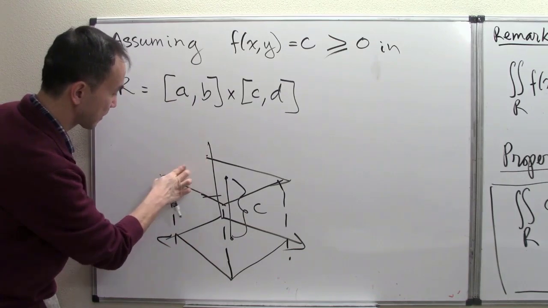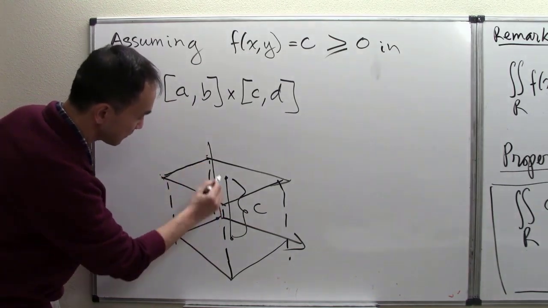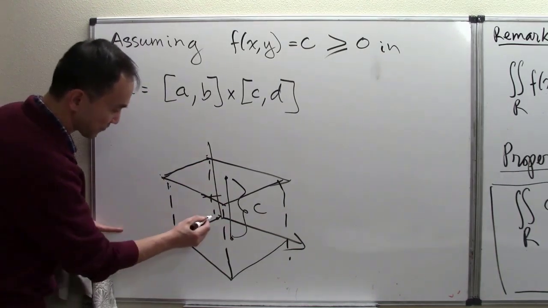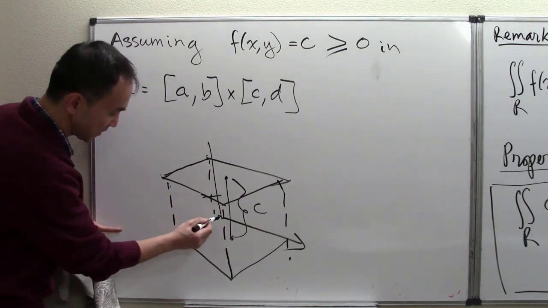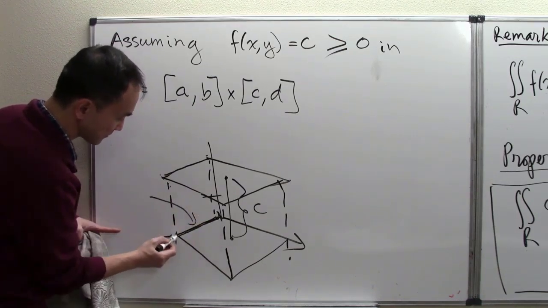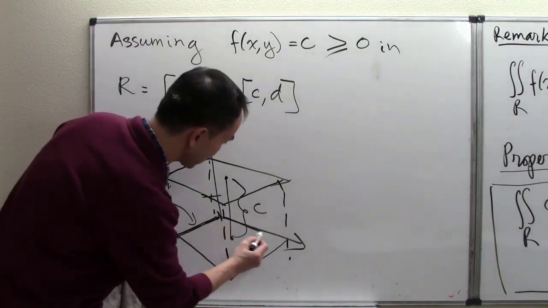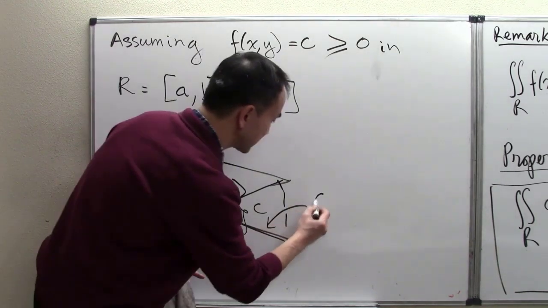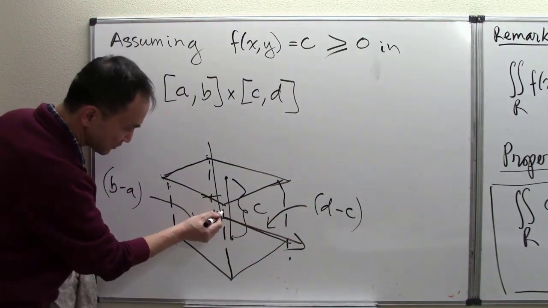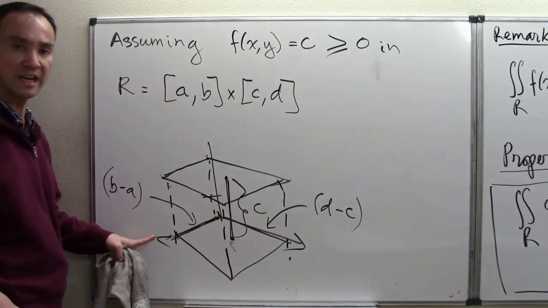And that's the reason why it's just b minus a, this length right here, and this length right here, that's d minus c. Length times width times the height being c. That gives us the volume.